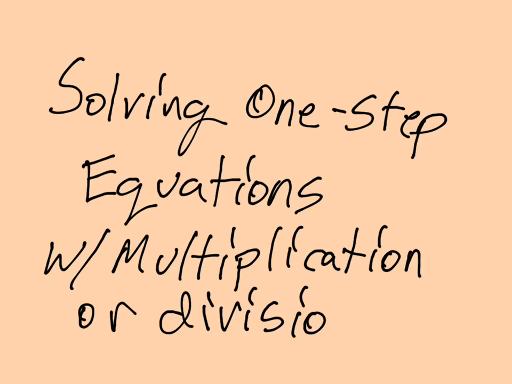Before, you should have done solving one-step equations by adding or subtracting. Now we're solving one-step equations by multiplying or dividing. And it's very similar. We just need to ask ourselves what's happening to our variable and undo that.